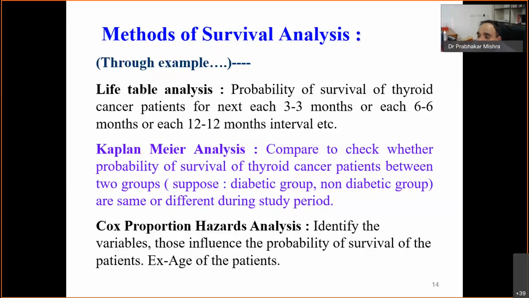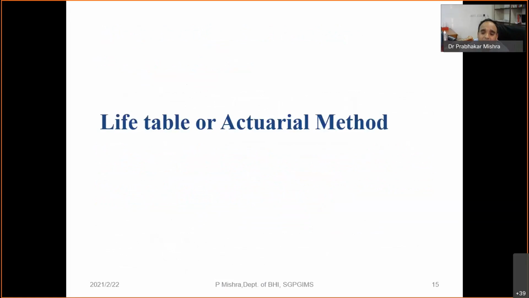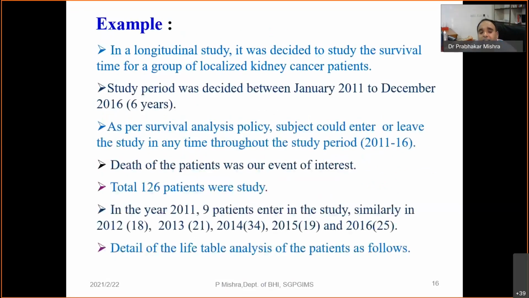Now quickly I have to go to the life table analysis application. I have given an example. See here, in a longitudinal study, meaning a follow-up study, it was decided to study the survival time for a group of localized kidney cancer patients.